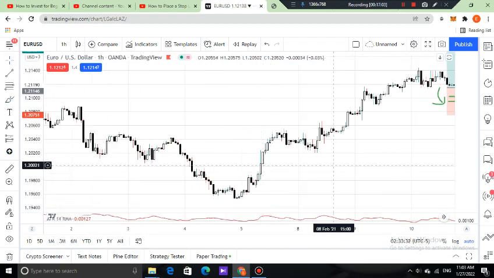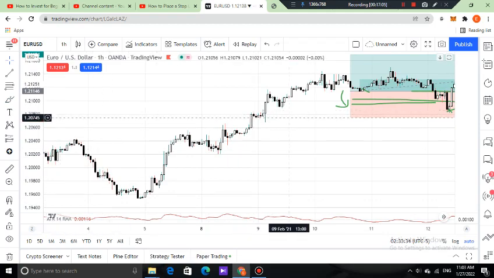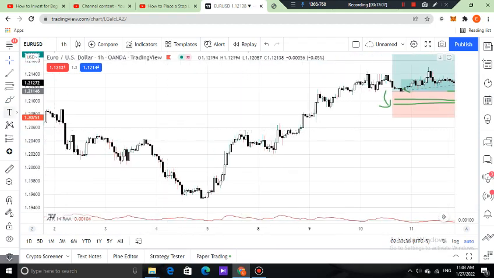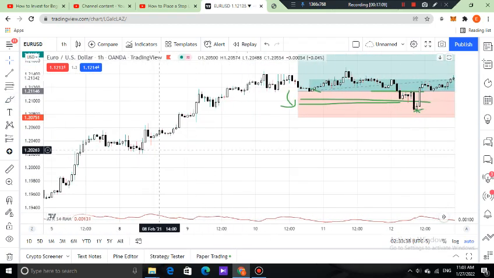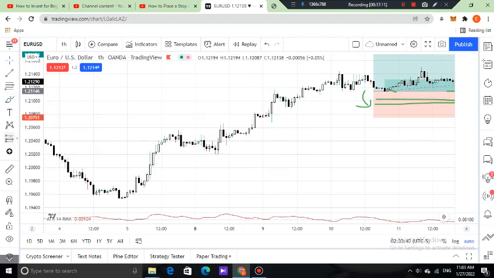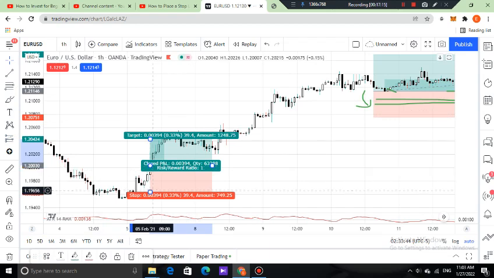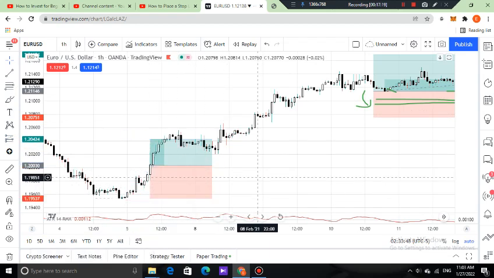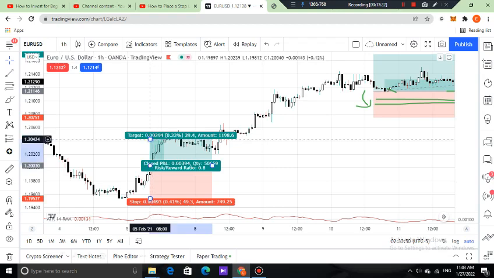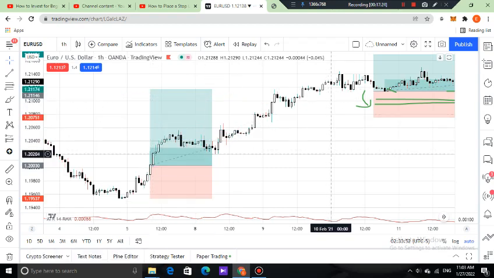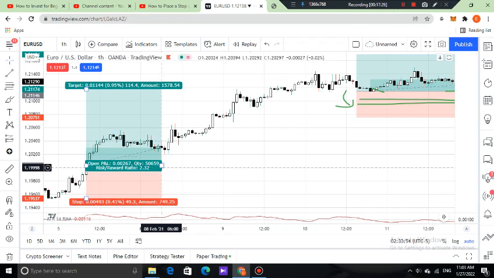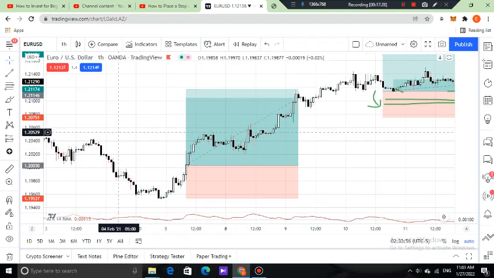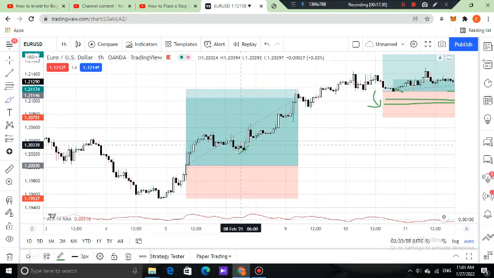How fun is that? But sometimes you're not in a losing position. Your position is actually a winning one. You enter the position at this price and you add to your position at these pullbacks.